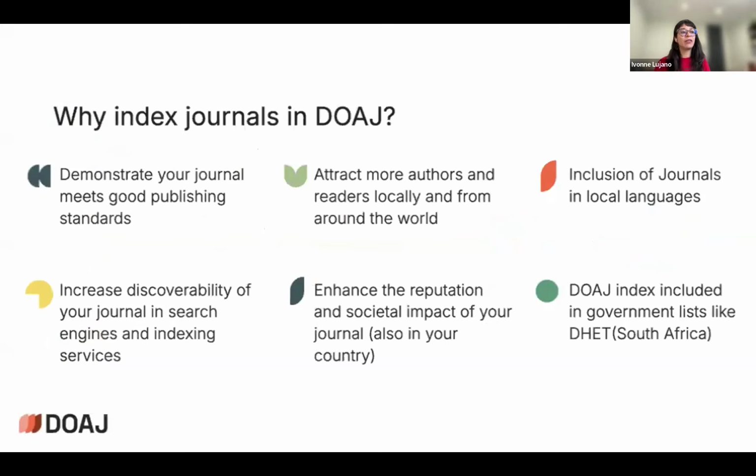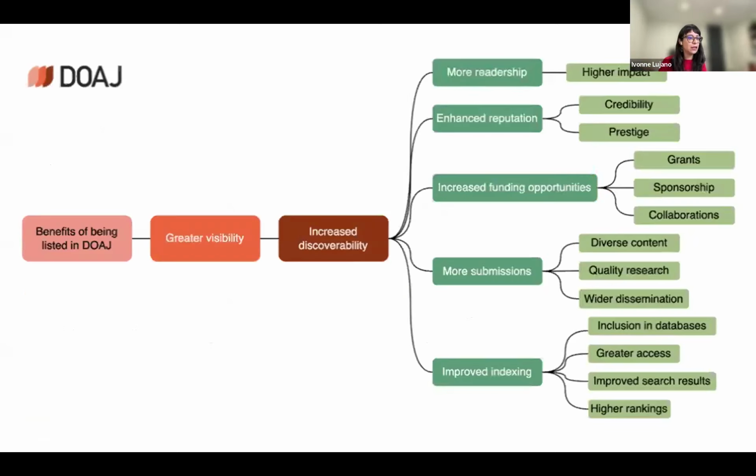These are the reasons why libraries can trust our data, our database and our procedures. We demonstrate this quality by including only journals that comply with the standards. We include different languages. We enhance the reputation of journals, which can also access different support and quality assurance certifications because of being indexed in the DOAJ.